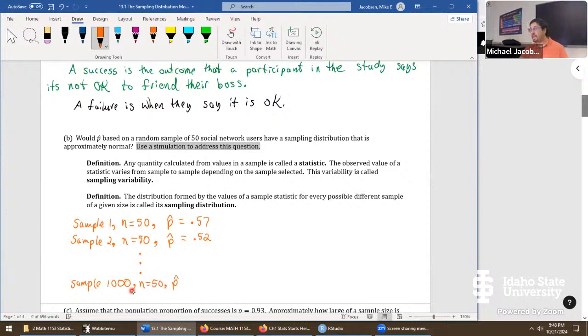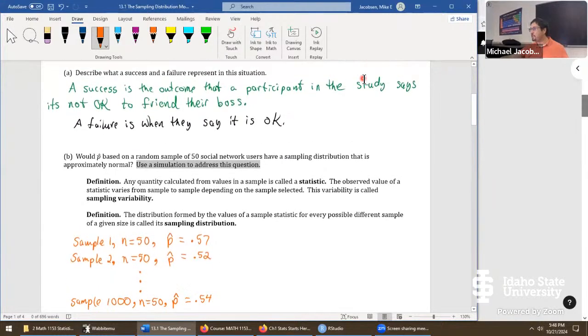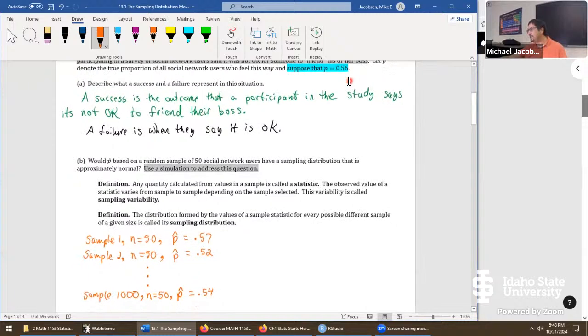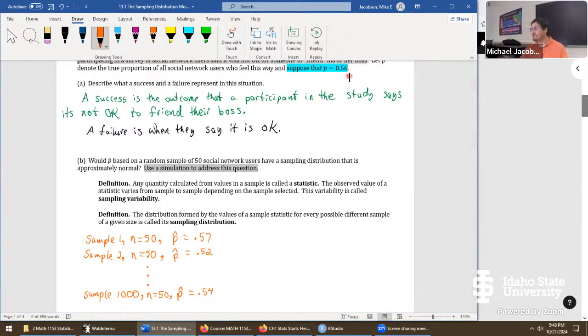They go to calculate p hat for the 1,000th time. It might be something like 0.54. So all these values should be close to this value. P hat is 0.56. Sorry, let me zoom out. Provided that really is a close value for the unknown population proportion of successes.